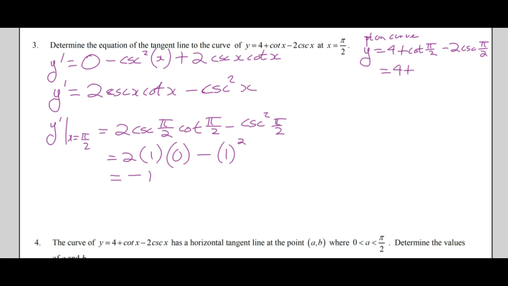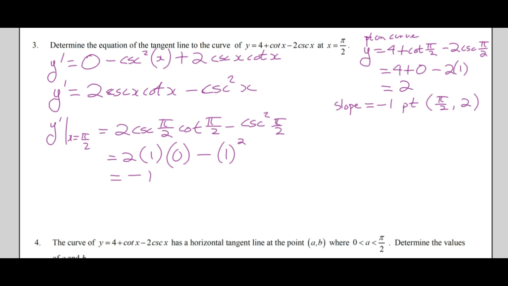Cotan of pi over 2 is 0, so 4 plus 0 minus 2, and cosecant of pi over 2 is 1. So 4 minus 2 is 2. So the slope is -1, and the point is pi over 2 and 2.